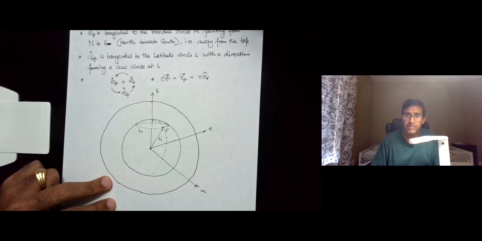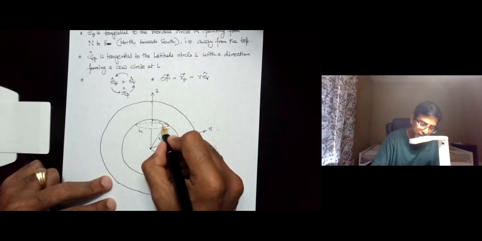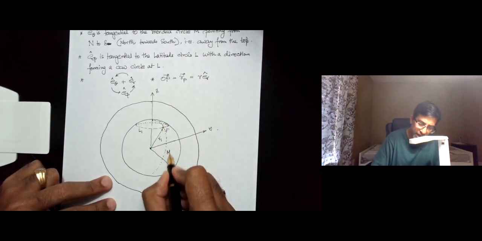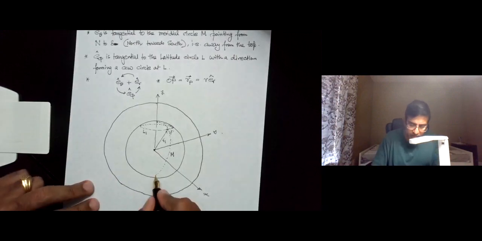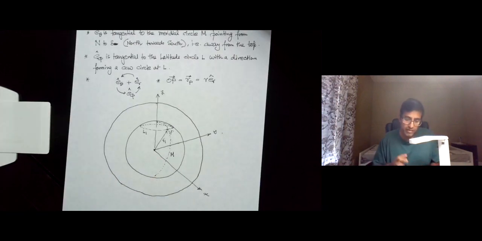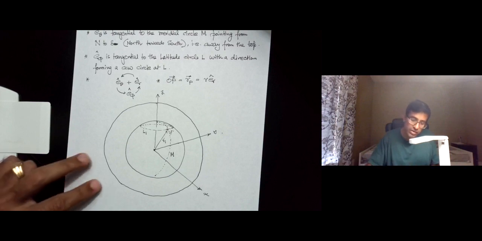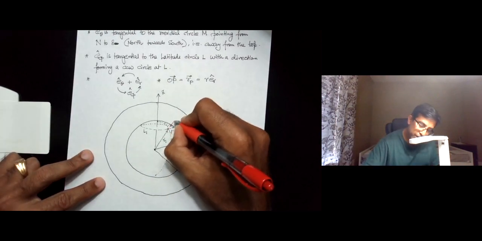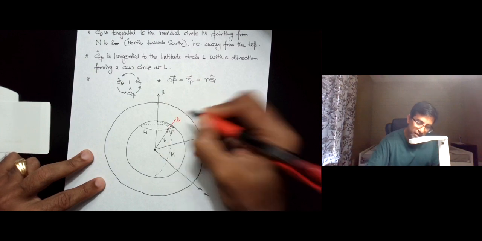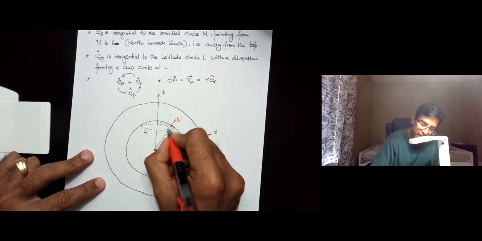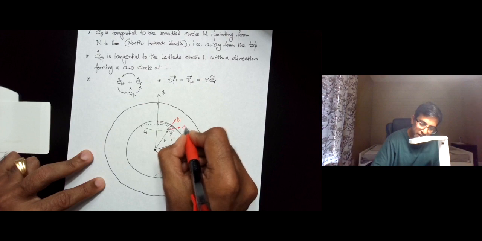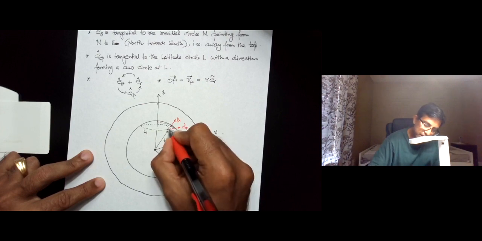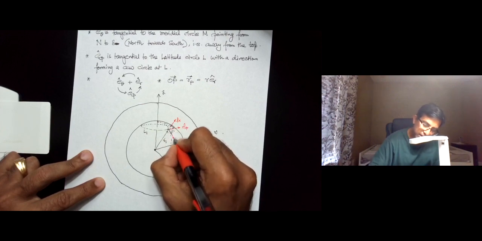Okay, so that's the initial meridian line. Let's call that M. Okay, and so the initial coordinate frame is ER, like that, E phi, like this, and E theta, like that.